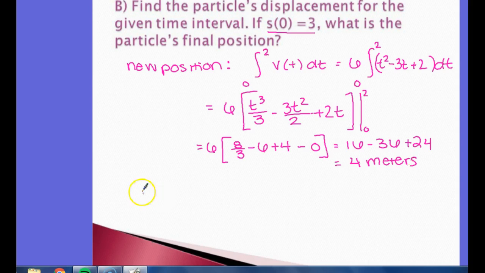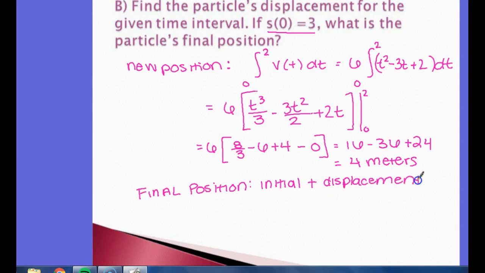So its final position is your initial plus your displacement. So again, that's kind of like the fundamental theorem of calc where you have to take back into account this 3. So it's 3 plus 4, which is 7.